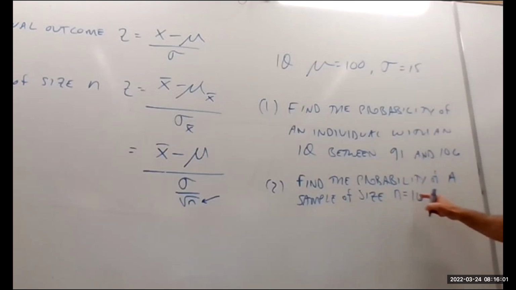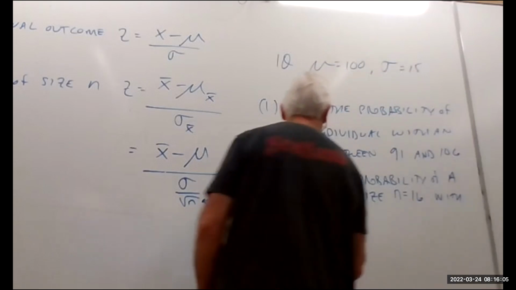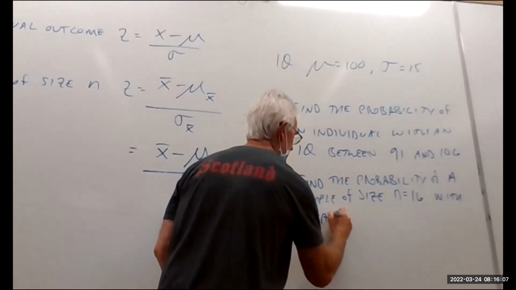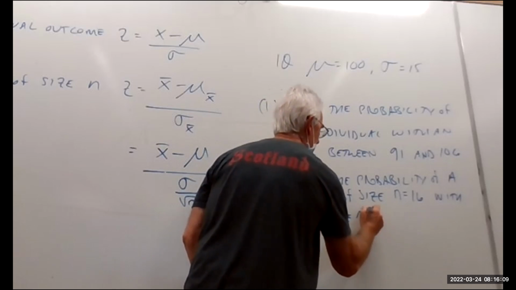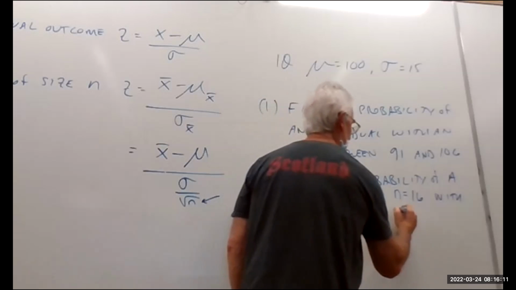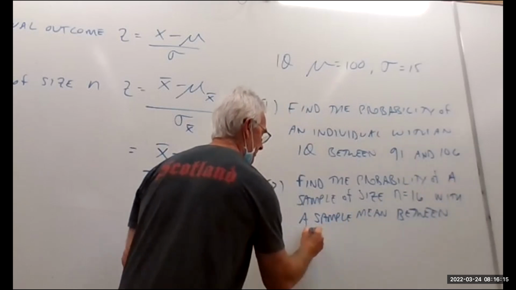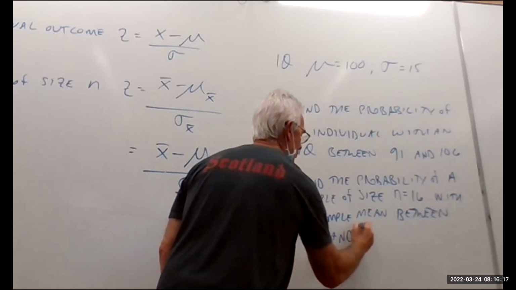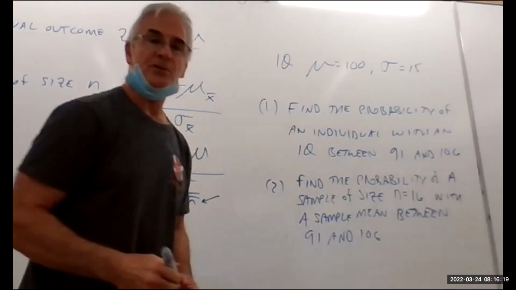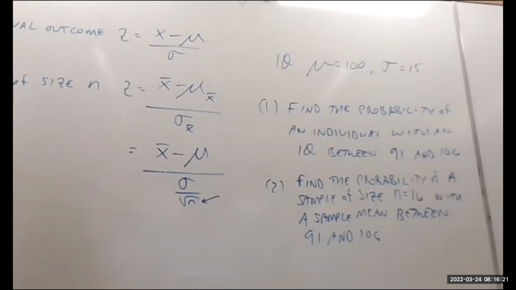Find the probability of a sample size n equals 16 with a sample mean between the same 2 numbers, 91 and 106. So the first question is, I'm going to grab an individual at random from the world.